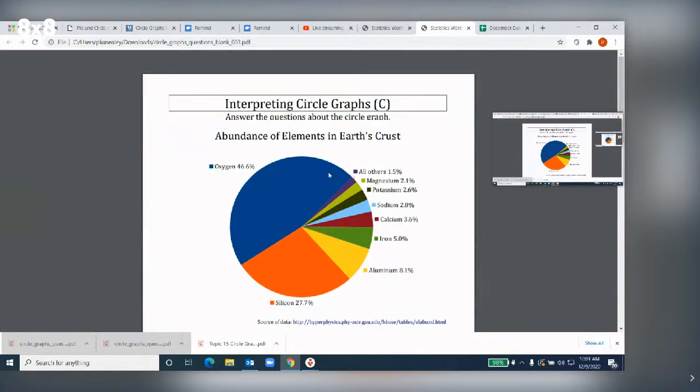So once again, maybe on the test, what element is the largest or the most abundant in the Earth's crust? You're going to say oxygen. Maybe it asks what is third, and then you go to aluminum. You're just going to have to look at the percents, and they're all listed right here. And this one, I believe, would equal up to 100%.